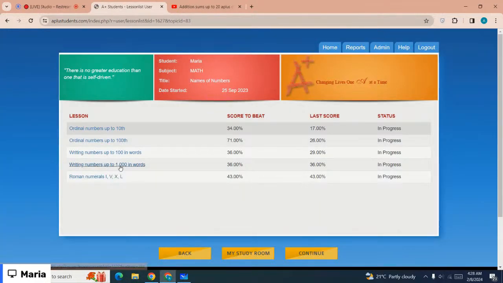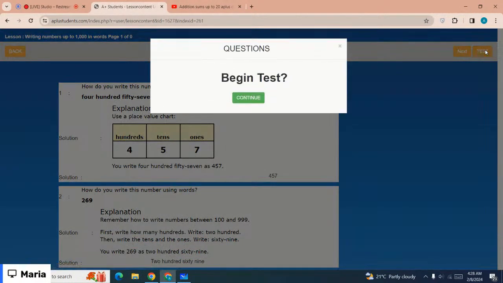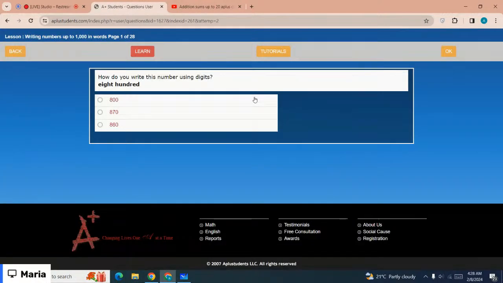writing numbers up to 1000 in words. So let's just start with the test questions. Okay, how do you write this number using digits, 800? Which is the correct option?